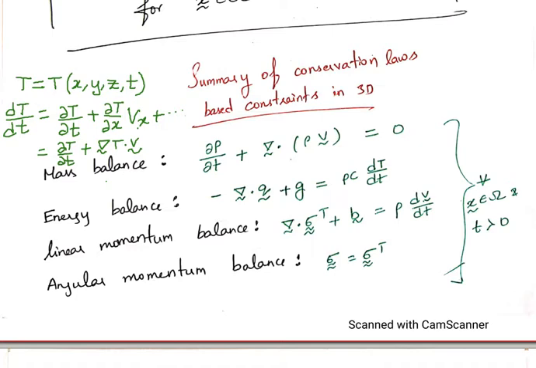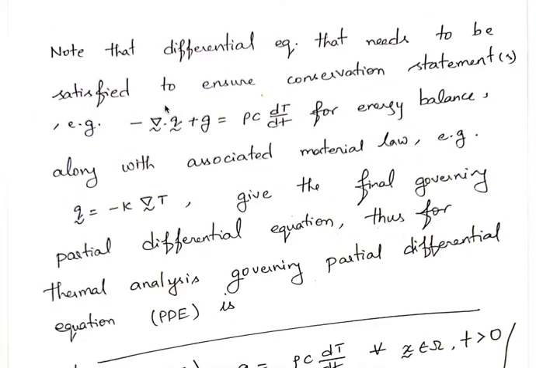All right. If you don't have any doubts, let's continue. When we are deriving the governing differential equations, as I told you, you have two statements which need to be satisfied within the volume.